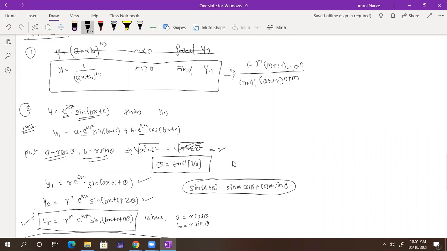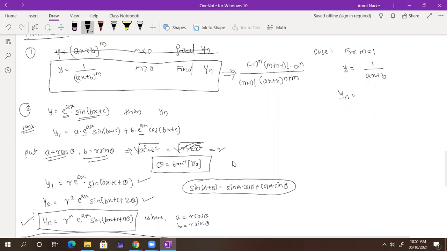So if I substitute m is equal to 1, here case 1 we can write down. Case 1 for m is equal to 1. So what you are getting, your y is equal to 1 upon ax plus b. Then your yn is nothing but minus 1 raised to n. So your m value is 1, so that 1 gets cancelled.